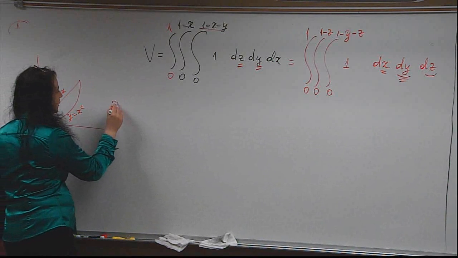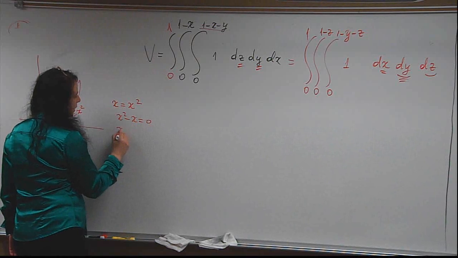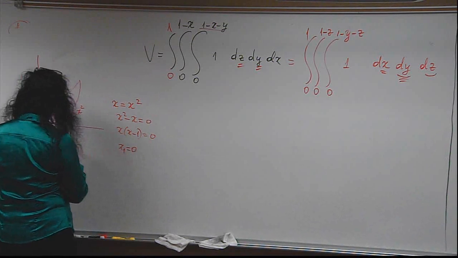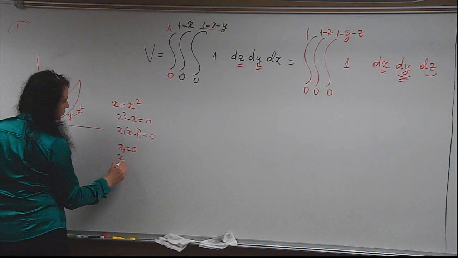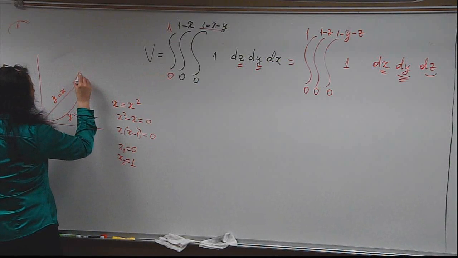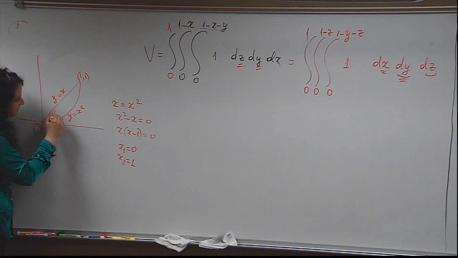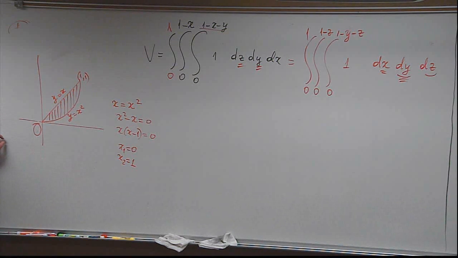And it's a piece of cake because you set x squared minus x equals 0, x times x minus 1 is 0, so you have solution x1 equals 0, that gives you the origin, and x2 equals 1, and then it becomes a piece of cake. I may ask you to find me the area of this beautiful leaf by both methods, or reverse the order of integration.